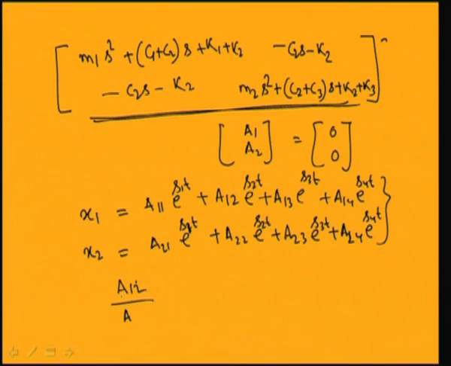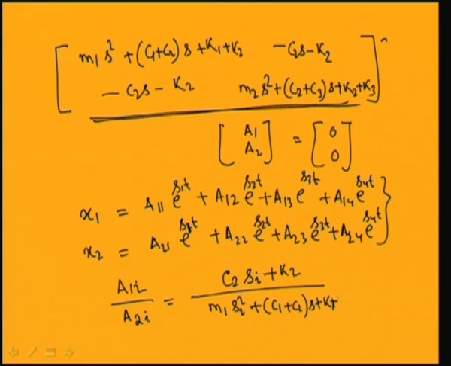So from this you can write a1i by a2i is nothing but equal to (c2 si plus k2) by (m1 si square plus (c1 plus c2) s plus (k1 plus k2)).